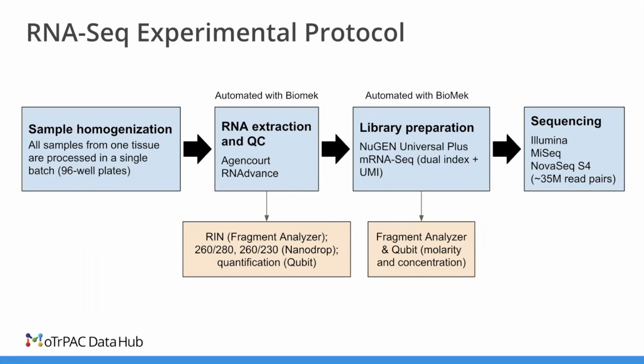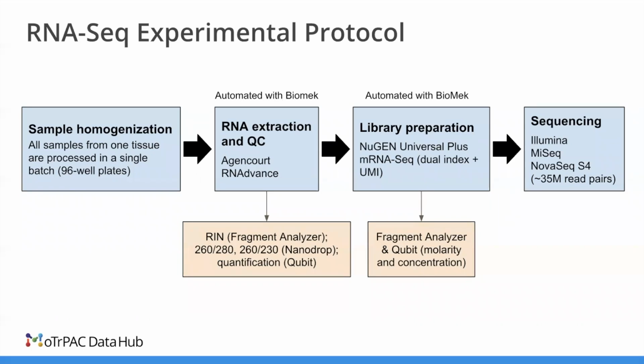We receive all samples from the biorepository frozen and powderized in the case of tissue. These samples are first homogenized in a lysis buffer, and total RNA is extracted with the Agencourt RNA Advanced kit, and libraries are built with Nugen's Universal Plus mRNA-seq kit.